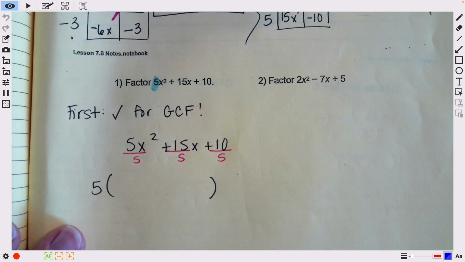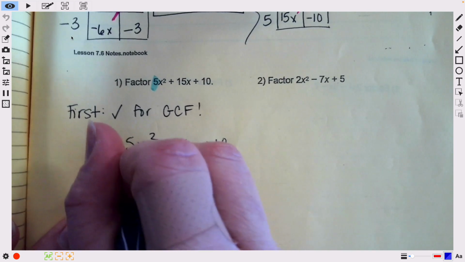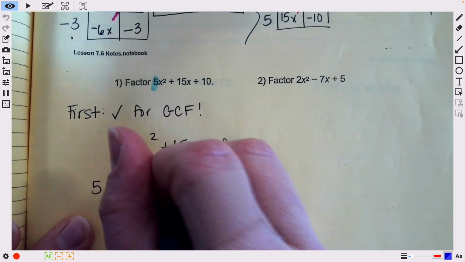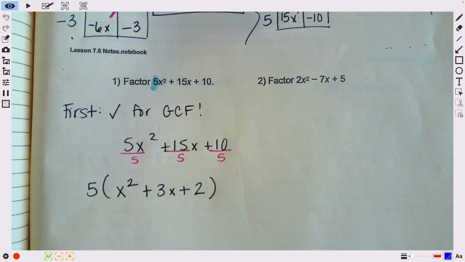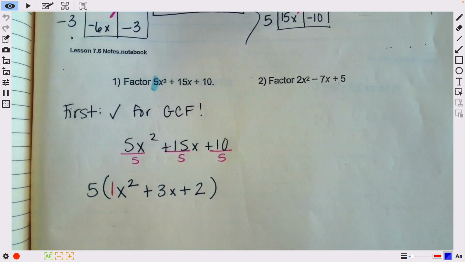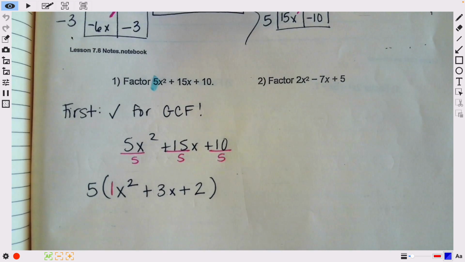Okay, and if I divide everything by 5, then I have just a single x squared plus 3x plus 2. Okay, well, now the leading coefficient is 1, and I get to go back to my old ways.